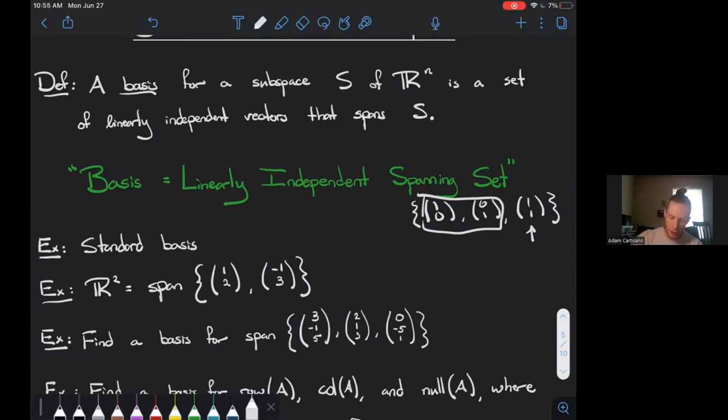Okay, here's another basis for R2. It's the vectors (1, 2) and (-1, 3). Notice if you take their span, you get all of R2. You can do that by taking the system where these are its columns and then augmenting with an arbitrary vector (x, y), and then just observing that the system is always consistent. There's no inconsistency.